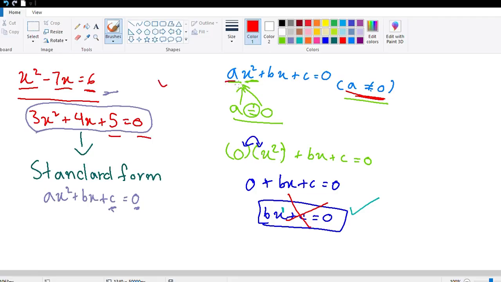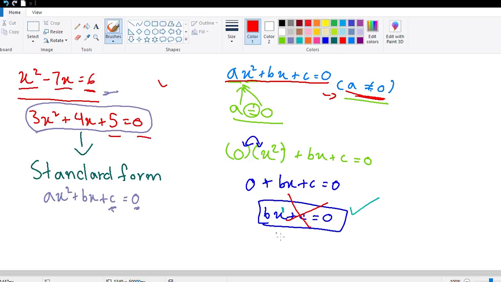Right there, and you gotta mention that because it's just good to mention it. You're telling, based on your knowledge, that a can't be 0 because if it were, it wouldn't still be a quadratic equation, because a quadratic equation, review, is an equation that contains the square of the variable.